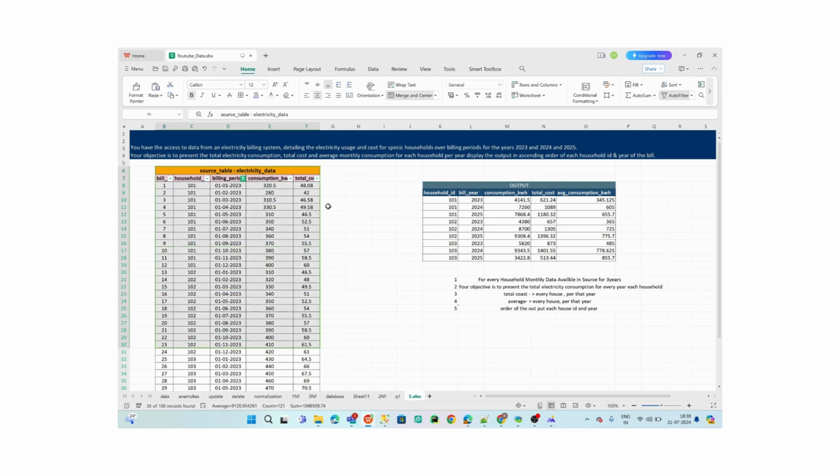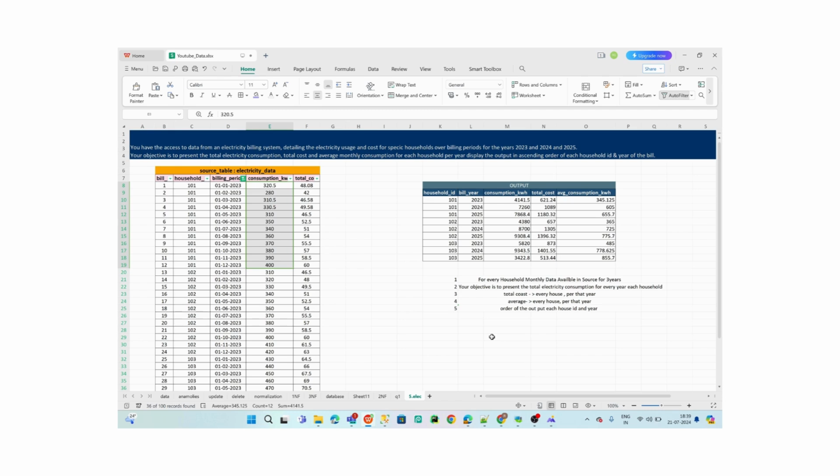And our question is, by using the source data, for each and every household in that year, what is the consumption, what is the cost for that aggregated consumption, and what is the average consumption in that year? That value also we need to specify.